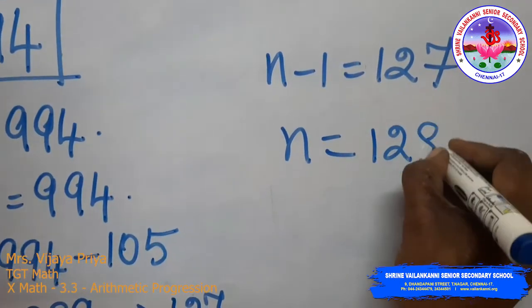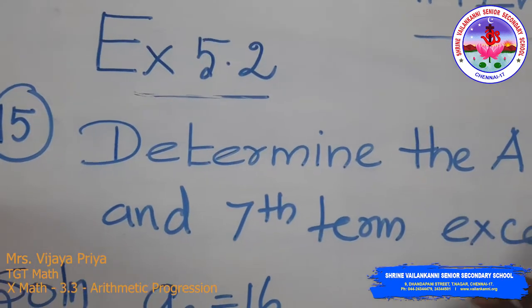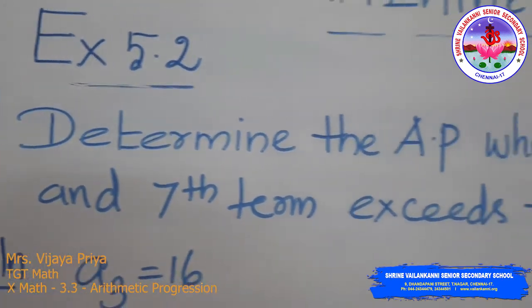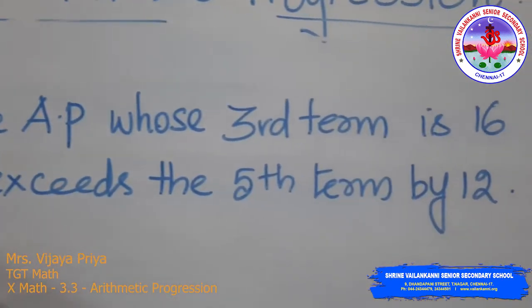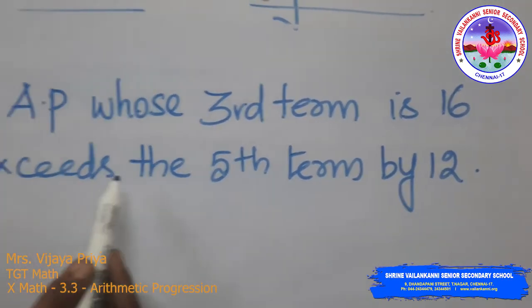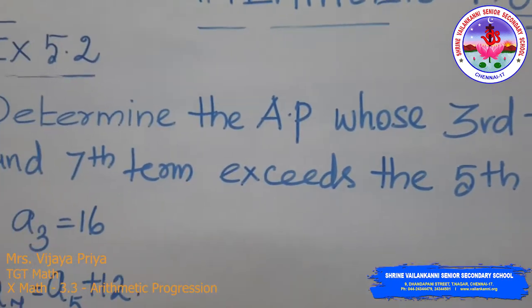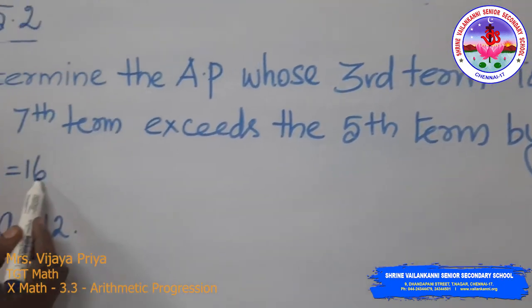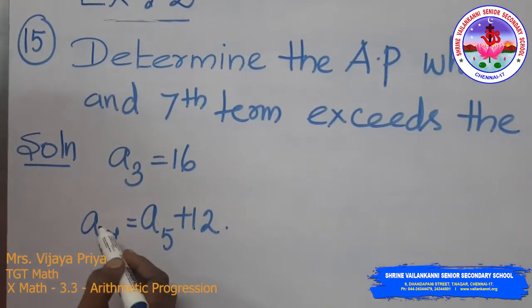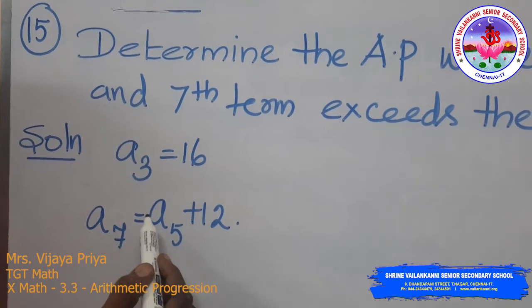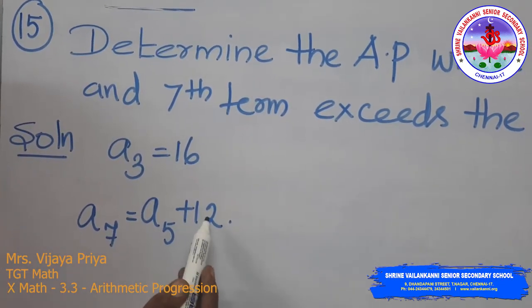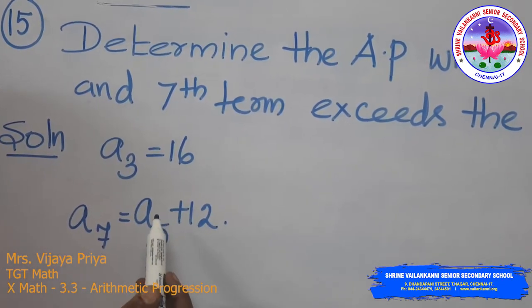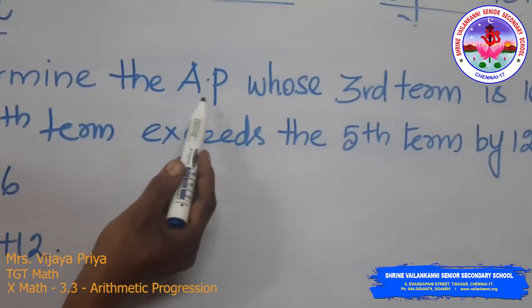Determine the AP whose third term is 16 and whose seventh term exceeds the fifth term by 12. It is given that a3 is equal to 16 and the seventh term a7 exceeds the fifth term by 12. I want to find the sequence of the AP.